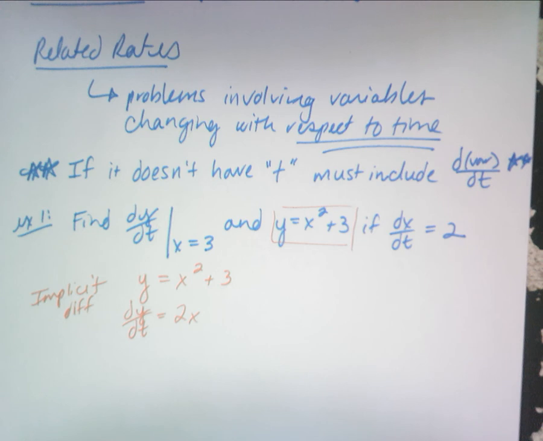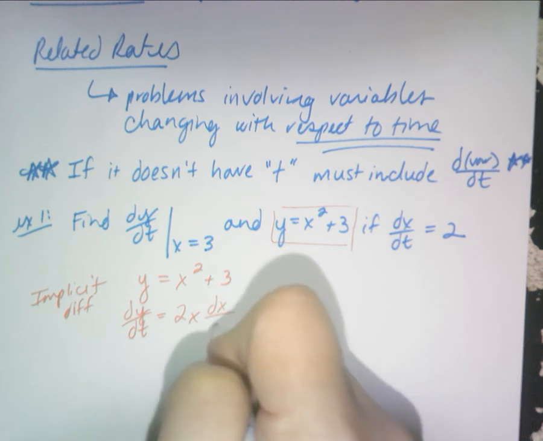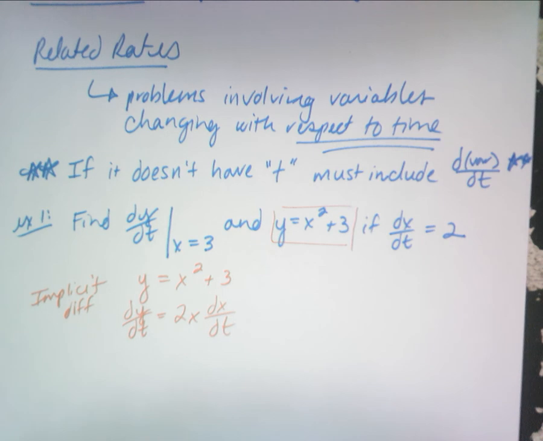So I have to include dx dt. Everything gets a d, whatever the variable is, over dt, unless it has a t. What's the derivative of 3? 0.